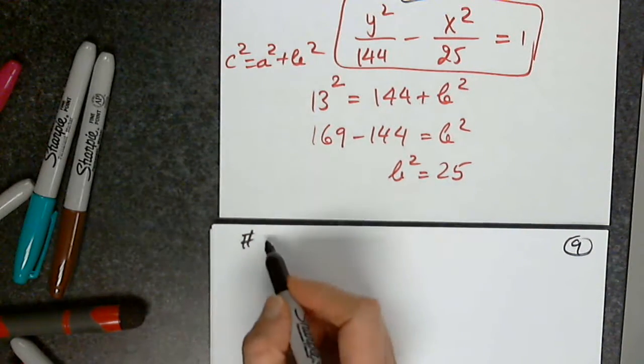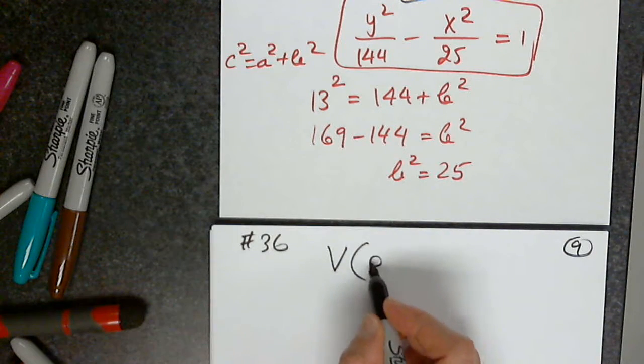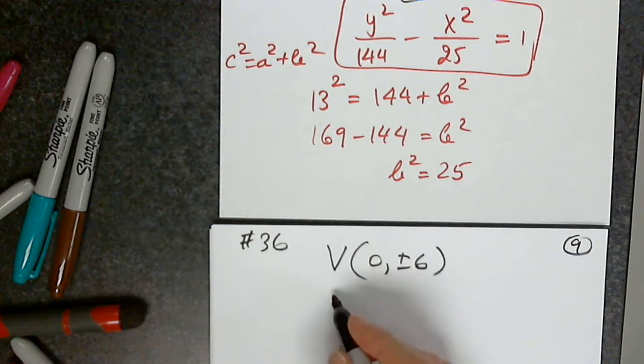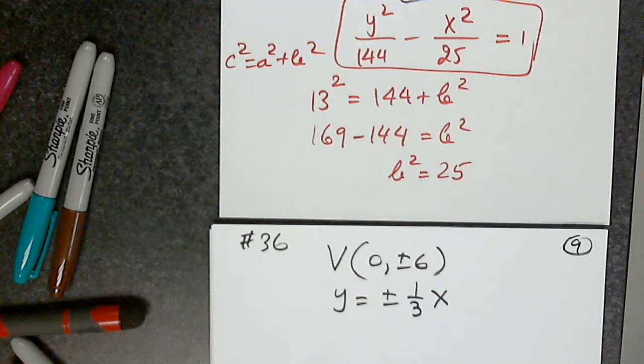Okay. So in 36, we're given the vertices 0, plus or minus 6 and asymptotes y equals plus or minus 1/3 x. Find an equation for the hyperbola that satisfies the given conditions.